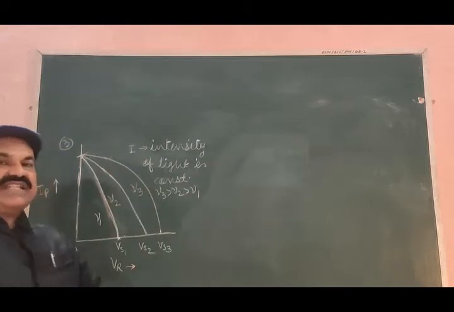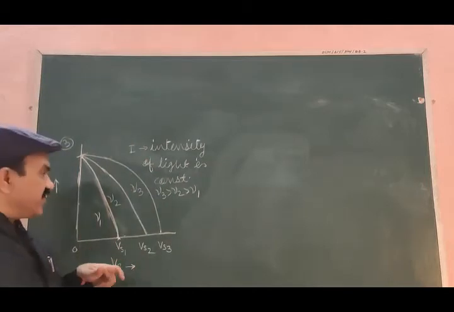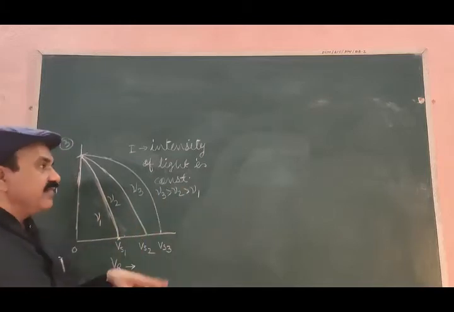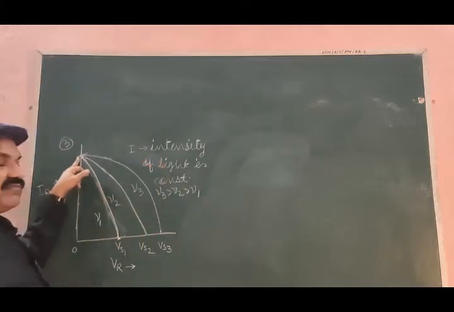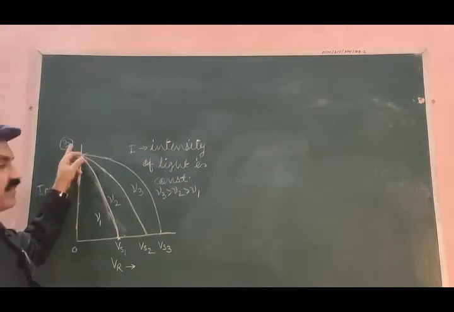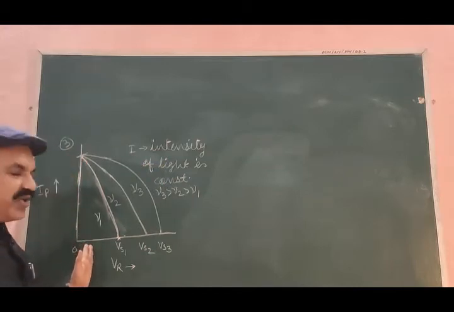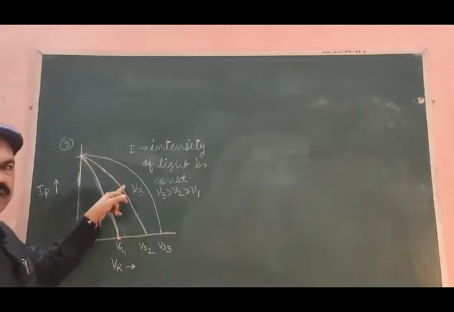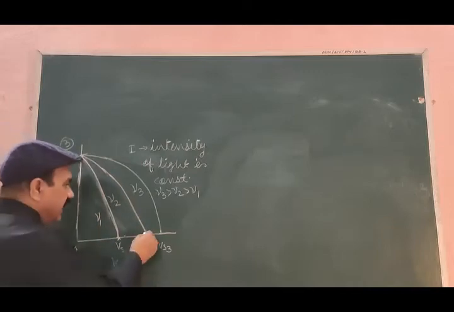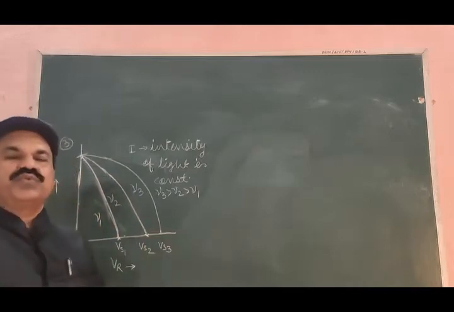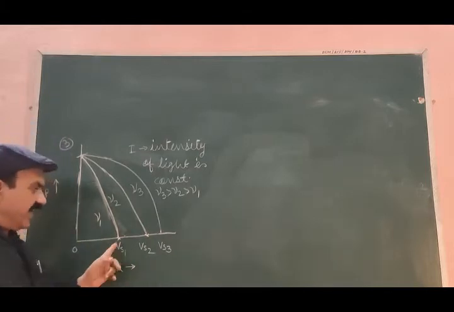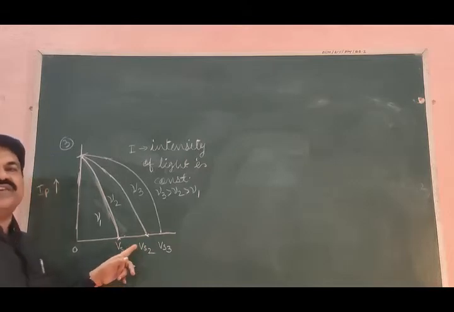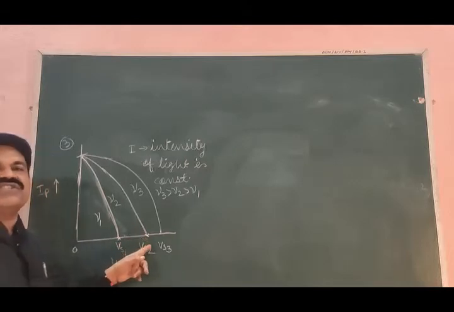Keeping the same intensity, now the frequency of light is increased. It is now made nu 2. Nu 2 is greater than nu 1. At the same intensity, what is found? Same current. As the retarding potential is increased continuously, the current goes on decreasing, and at the value Vs2, more negative than Vs1, the current ceases.